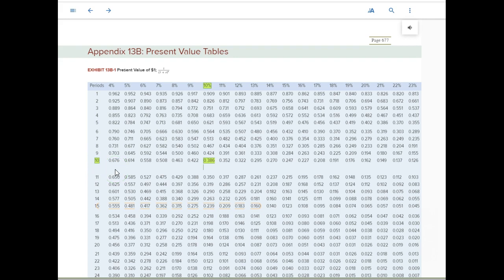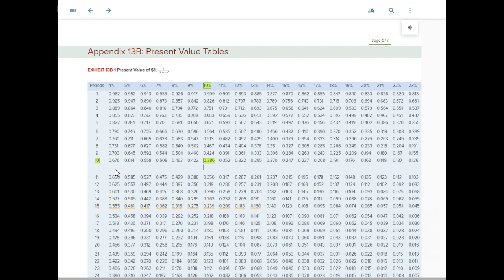So let's say that you have a savings account that'll earn 10% every year. We all would love to have that in a savings account. It's quite high. But let's say you did find one that earns 10%. If you would like to have $1 10 years from now in that account, that's the future value.